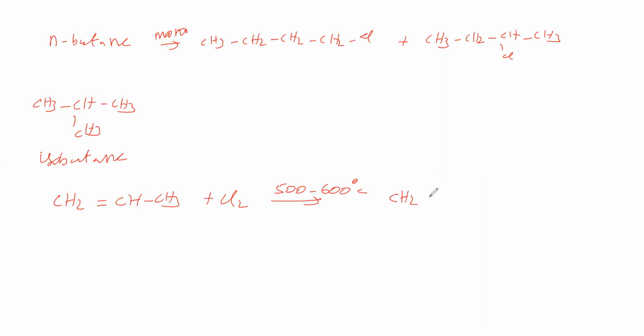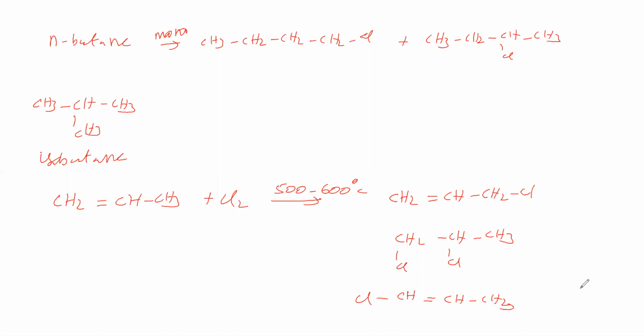Will you get like this, or will you get like this, or like this? Which product is possible? Propene is going for chlorination, that means propene is heated with chlorine at 500 to 600 degrees Celsius. What is the product possible in this case?